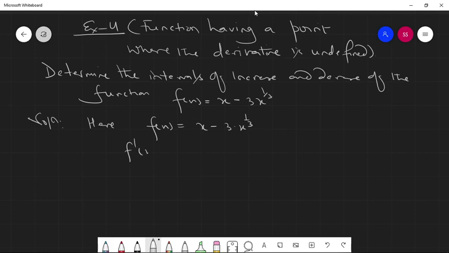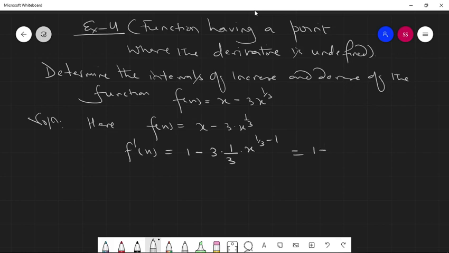Now we have to find the first derivative. The derivative of x is 1, minus 3 times the derivative of this, which is 1 over 3 times x to the power 1 by 3 minus 1.